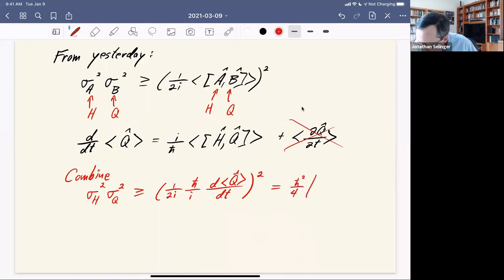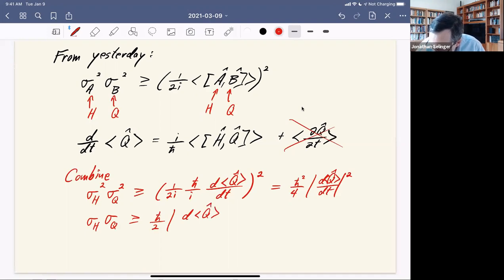If we multiply out this square, it's h bar squared over 4 times the absolute value of the time derivative, squared. If you take the square root, the uncertainty in energy times the uncertainty in Q is greater than or equal to h bar over 2 times this derivative of Q with respect to time.